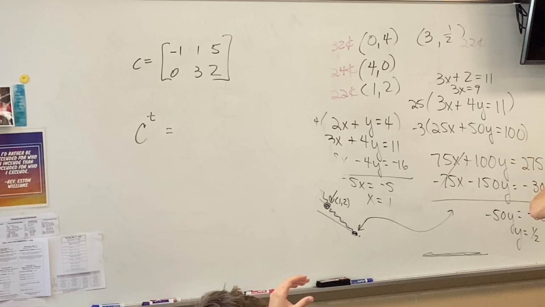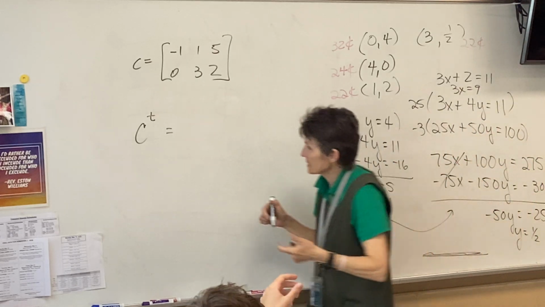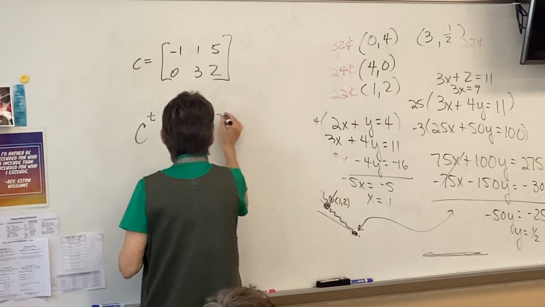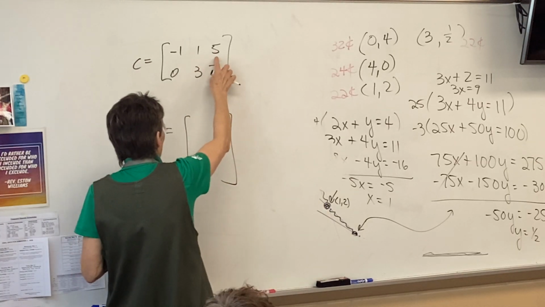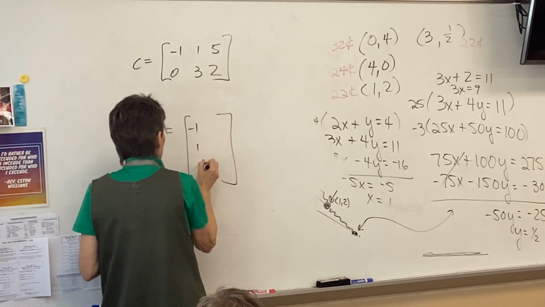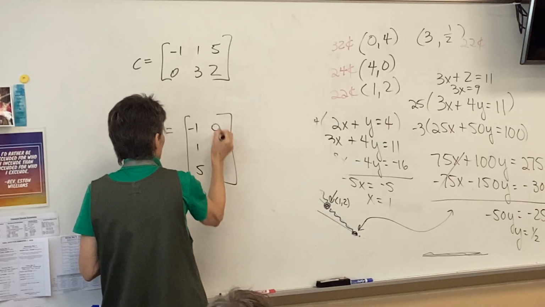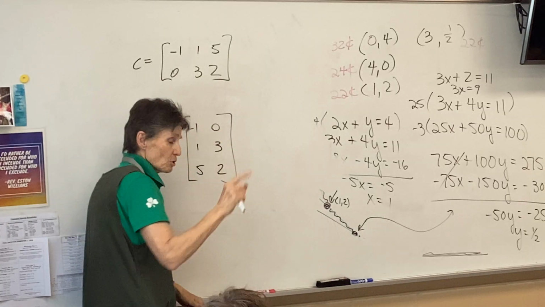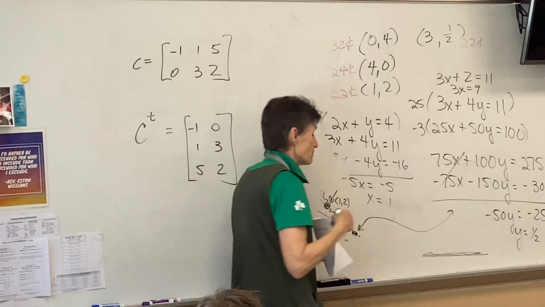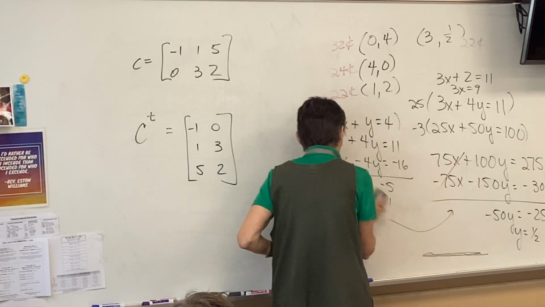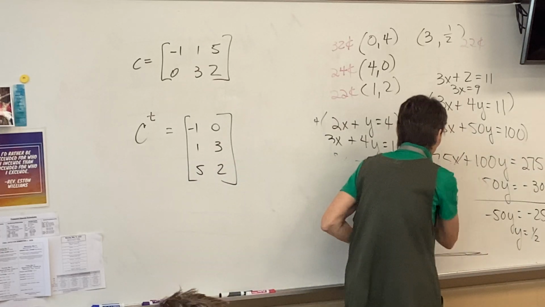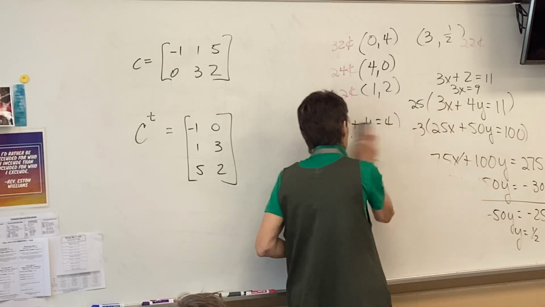Transpose, and what does transpose mean? Turn it on its side. So instead of -1 1 5 being row 1, it is a column. All right. What else? Anything else on this?